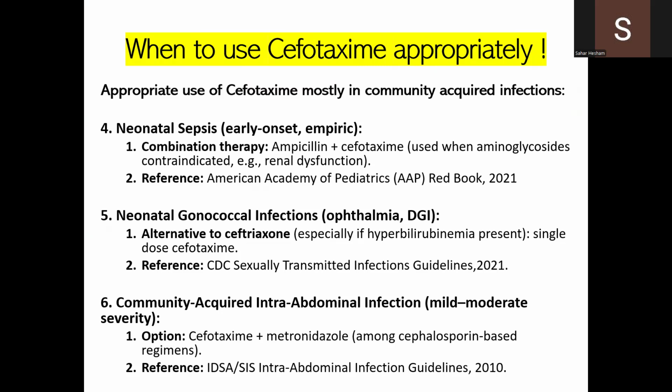This is the reference by the American Academy of Pediatrics Red Book 2021, and the NICE guidelines 2021 also addressed these recommendations. Also, we can use it for neonatal gonococcal infection as an alternative to ceftriaxone, as referenced by the CDC Sexually Transmitted Diseases Guidelines 2021.